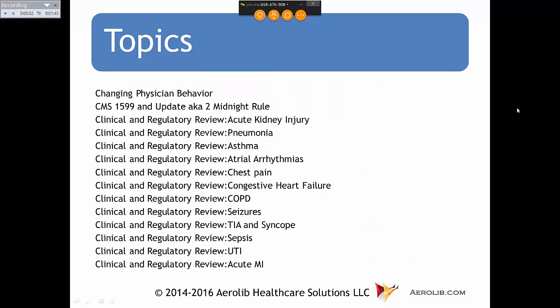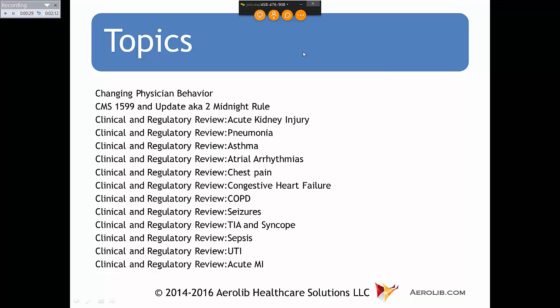What we've done over the last few months is looked at the top 15 DRGs that cover hospital admissions and reimbursements associated with that. Now, when the CMS 1599 rule, the 2 midnight rule came along, even though it was felt that it would change the way documentation would happen, I think when you go through our clinical and regulatory review topics, you'll notice that this is basic medicine.